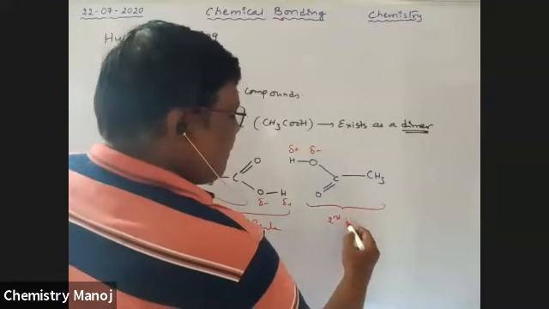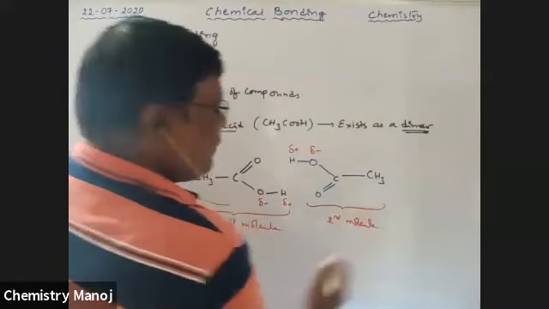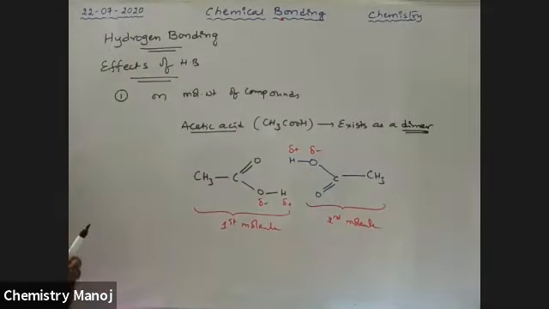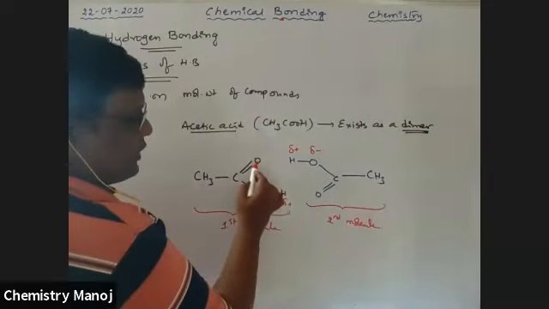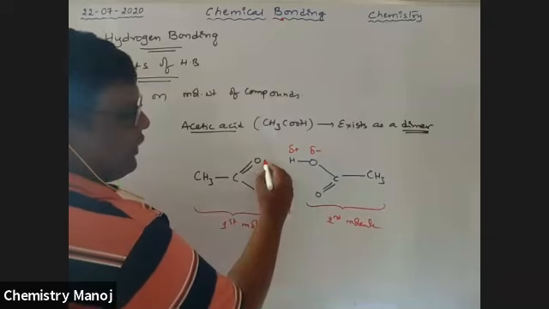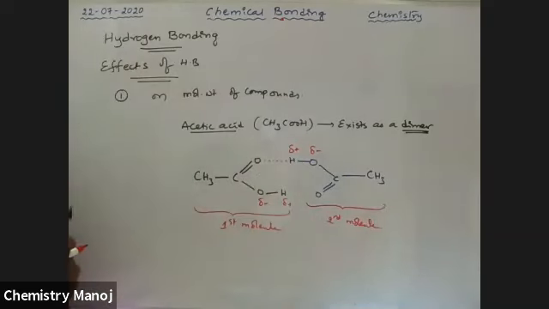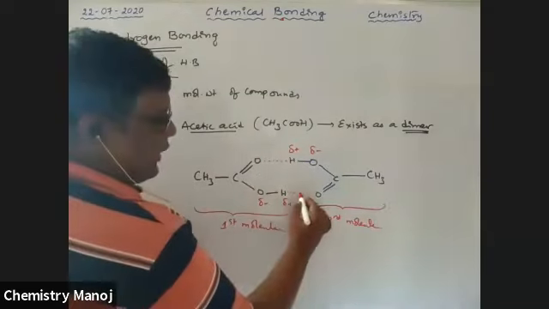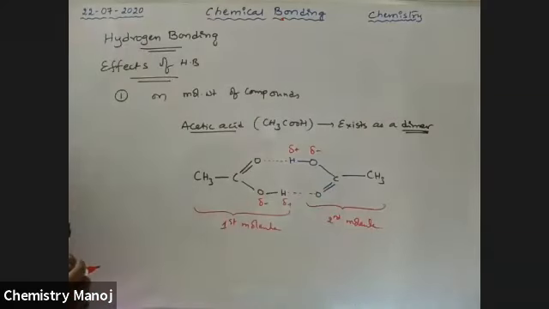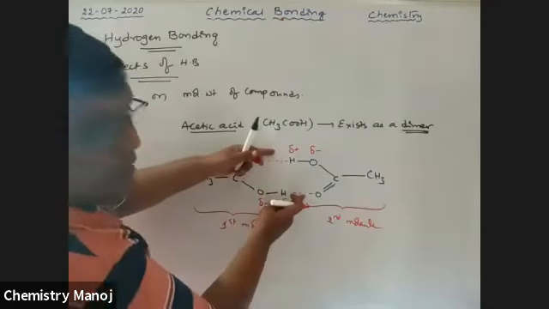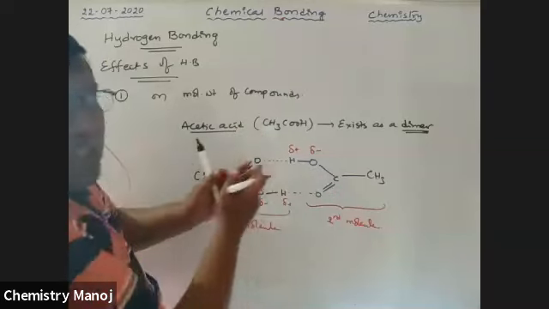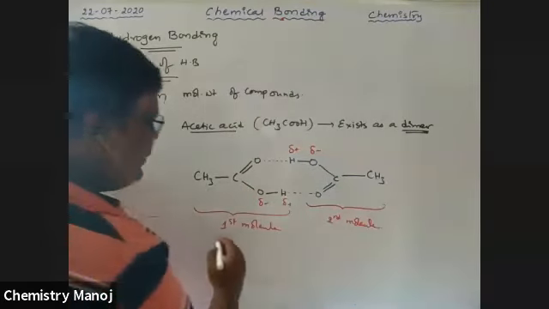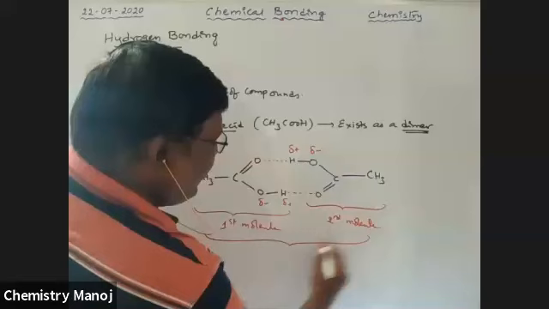This hydrogen is near this oxygen, and oxygen is the more electronegative element. There is a weak electrostatic attractive force here, and here also. So these two hydrogen bonds bring these two molecules together. These two combine to give a dimer state.